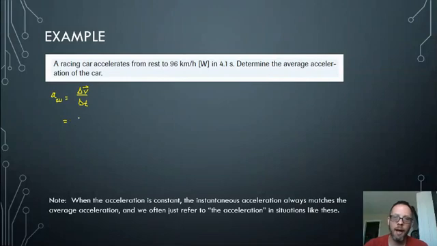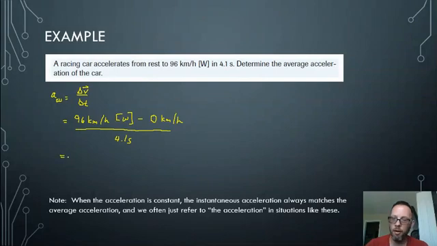Let's pop in what we have. The final velocity is 96 kilometers per hour west, and the initial velocity is 0 because we're going from rest, in our time interval of 4.1 seconds.